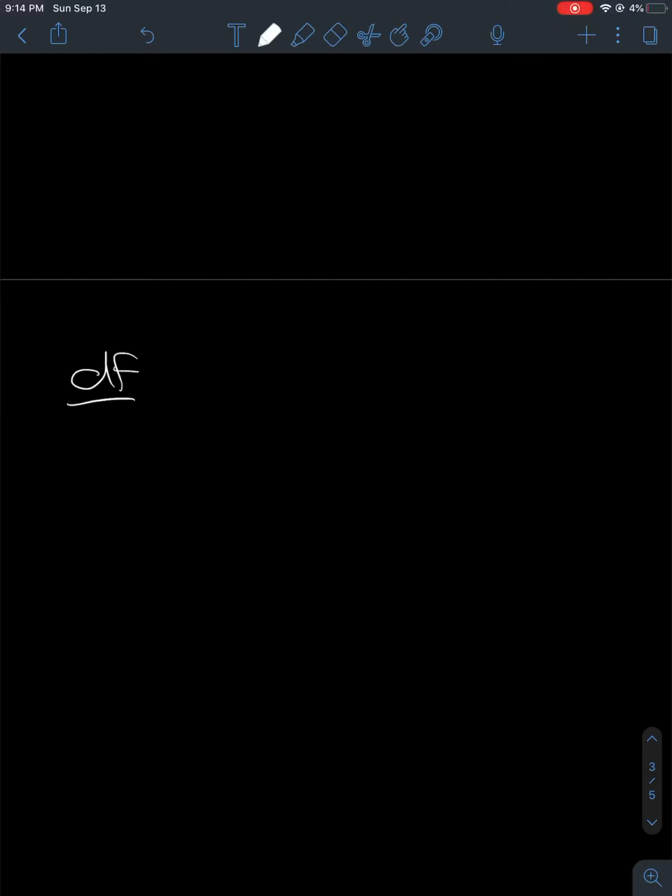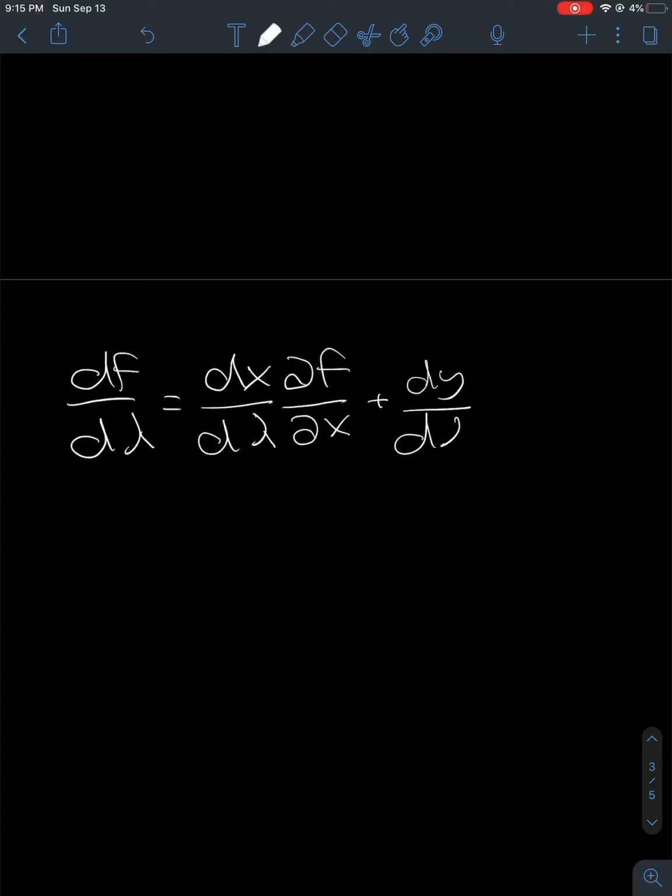Well, this actually helps a lot, because we know from multivariable calculus that the derivative of a function with respect to some parameter lambda is going to be dx over d lambda times partial f over partial x plus dy over d lambda times partial f over partial y.